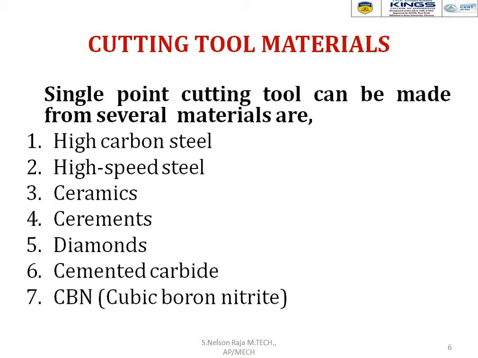Because we know every cutting tool is used to remove the excess material from a raw material, so obviously the cutting tool must have more hardness and better mechanical properties than the raw material. That's why the cutting tool is usually made of these seven different types of material.